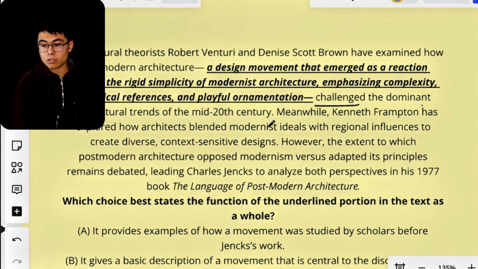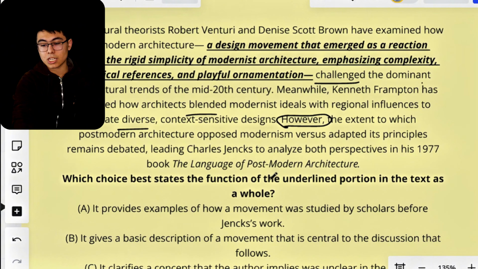Meanwhile, that person has explored how architects blended modern ideals with regional influences to create diverse designs. However, here we have a shift in the passage. The extent to which postmodern architecture opposed modernist versus adapted its principles remains debated, leading him to analyze both perspectives in his book.